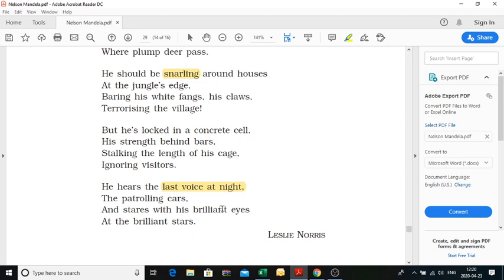He, we all know, is a tiger. ठीक है? He hears the last voice at night.